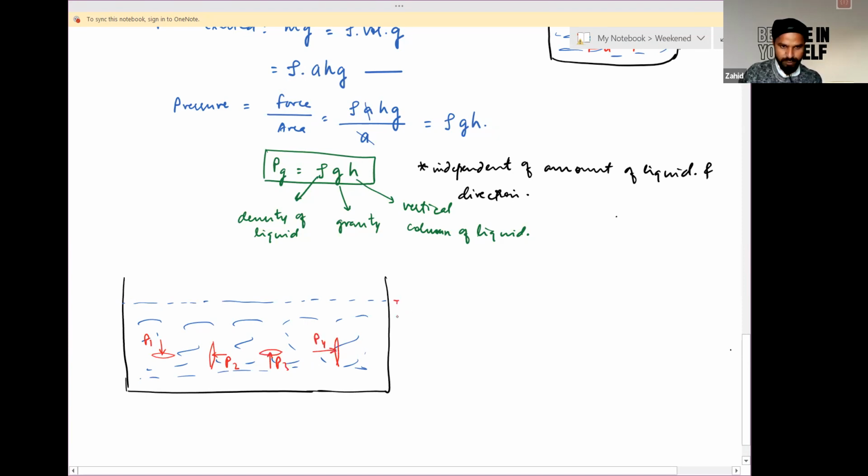So from this point, at same horizontal level or at same depth h, pressure will be same in all part. So you'll say it will be independent of direction. So P1, P2, P3, and P4 will be equal. I will prove this particular statement using Pascal's law, okay?